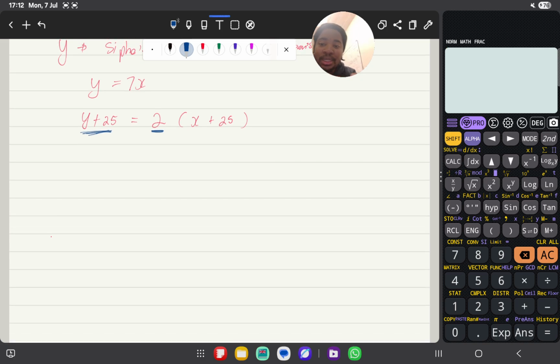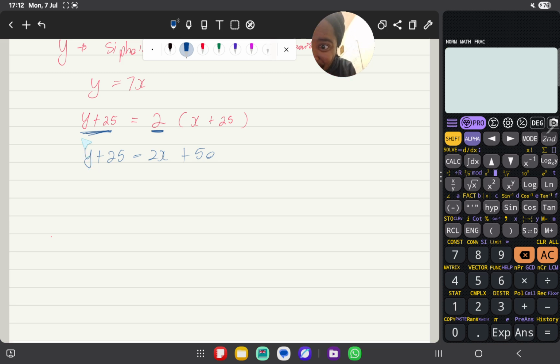From now on, let's go on and simplify this equation. You have y plus 25 equals 2 times (x plus 25), which is 2x plus 50. Now I can substitute. When you are writing on paper, guys, do that structure and substitute.